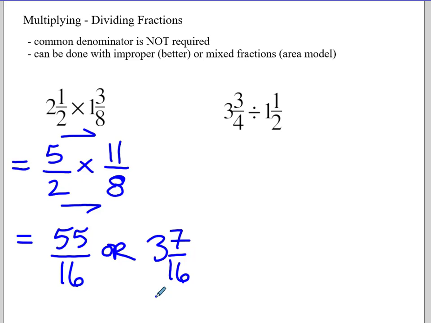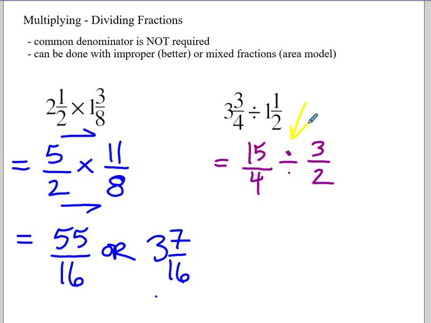Okay, division. Same strategies as multiplication, largely. I'm going to turn this into improper. So 4 times 3 is 12, plus 3 more is 15 quarters, divided by 3 over 2. Now I do have to watch with this. We've spent a lot of time talking about how dividing by 3 over 2 is going to give me the same result as multiplying by 2 over 3.